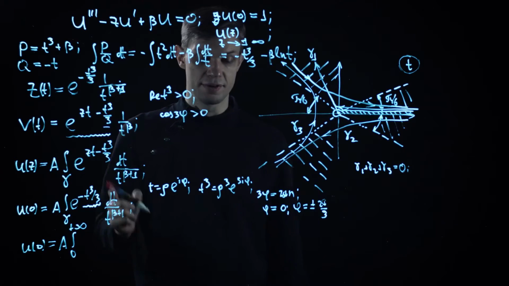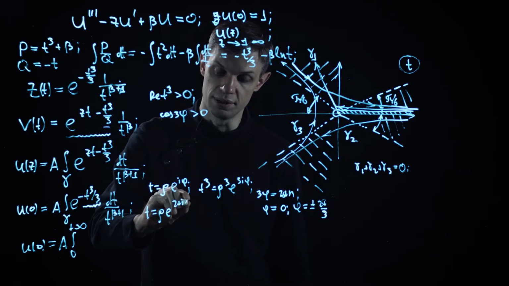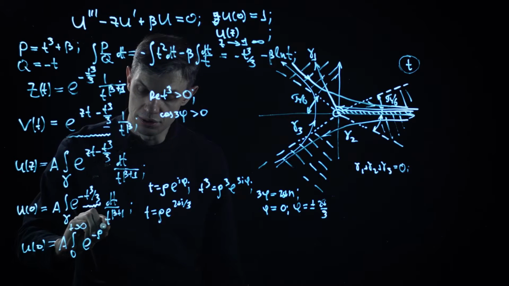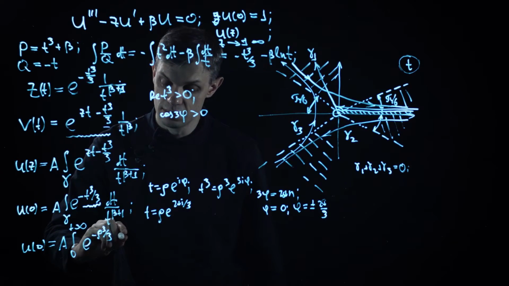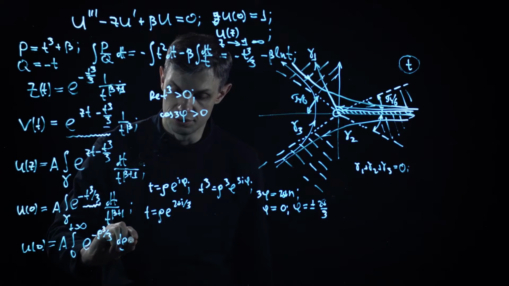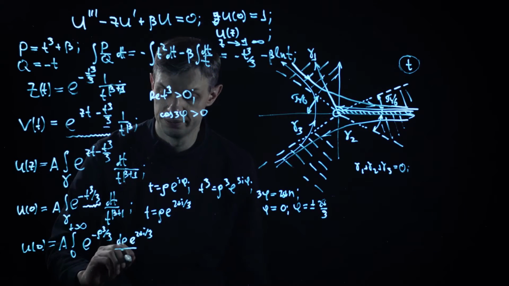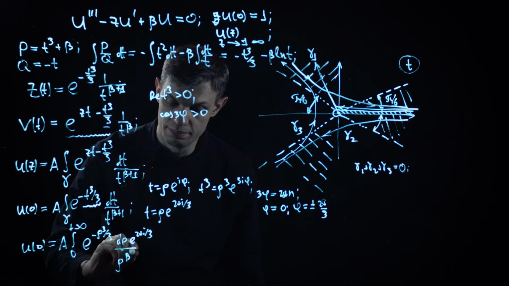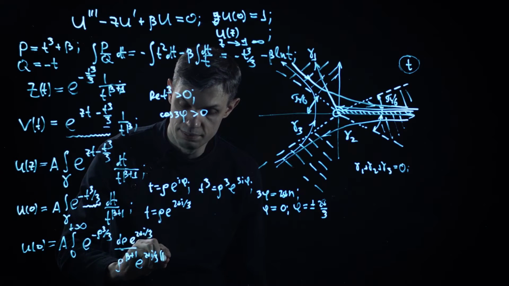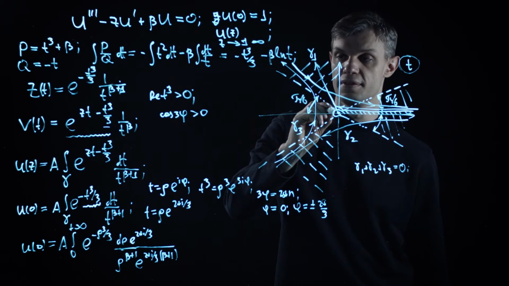The first one is from 0 to plus infinity. For the second one, we introduce this parameterization: t equals rho times e to the 2 pi i over 3, and t cubed, again, would be rho cubed, with d rho e to the 2 pi i over 3 divided by rho to the beta plus 1 times e to the 2 pi i over 3 to the power beta plus 1. That's for the second piece.